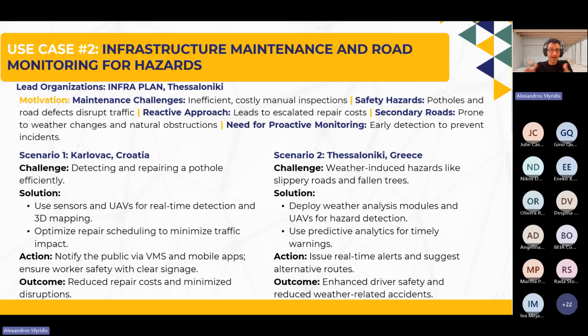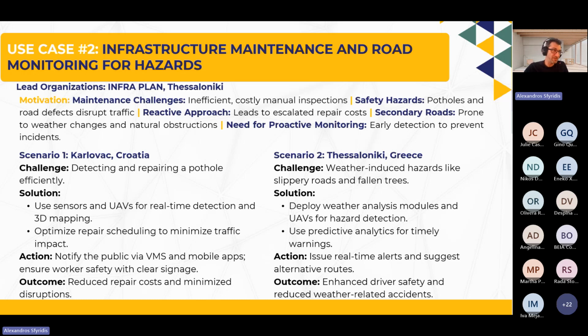Again, provide real-time warnings and alternative routing to road users with the aim to prevent accidents and minimize exposure to several road hazards. So that's about use case 2.